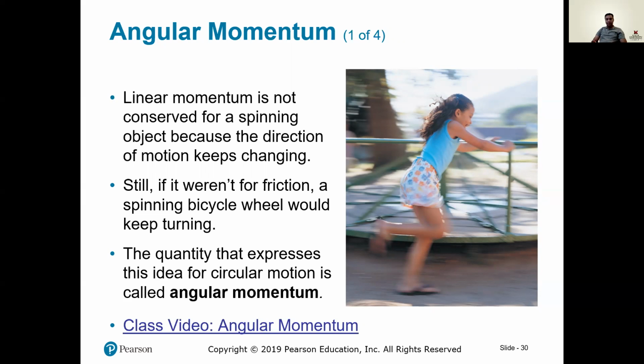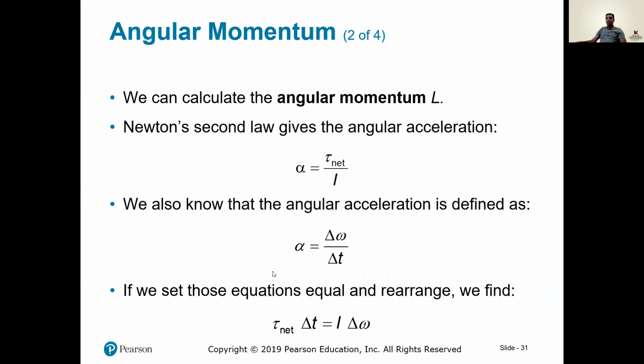M times v. The angular momentum would just be angular mass times angular velocity. So angular mass is nothing but moment of inertia. You have already learned about it. So that's I. And then you have angular velocity, which is omega, right? So you have basically I omega as your angular momentum.